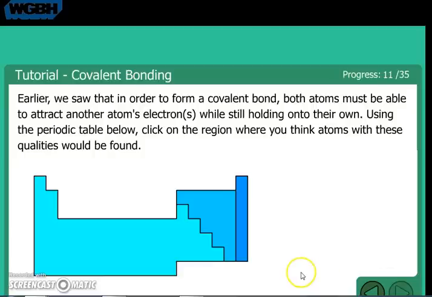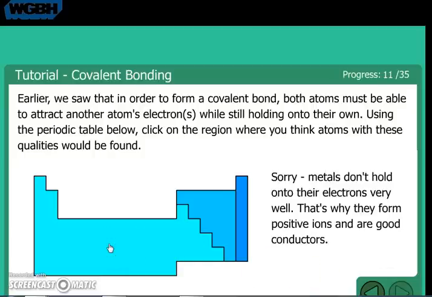Okay, so let's click on this part. Okay, sorry, not metals don't hold on to their electrons very well. That's why they form positive ions and are good conductors. Okay, you can answer question number 5.